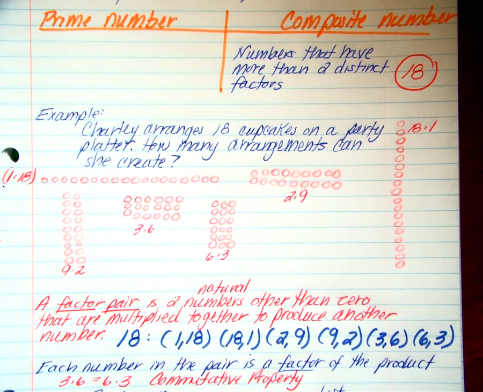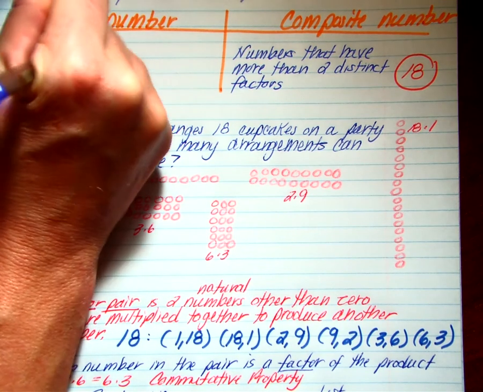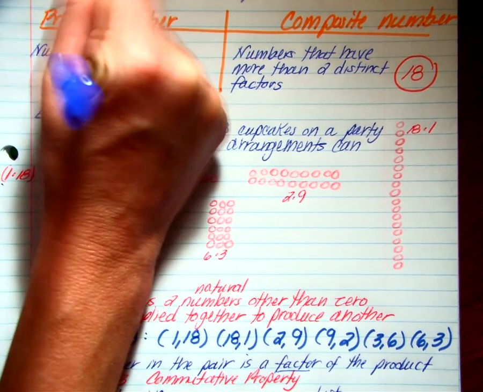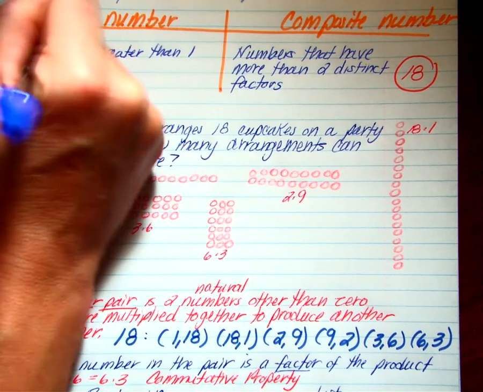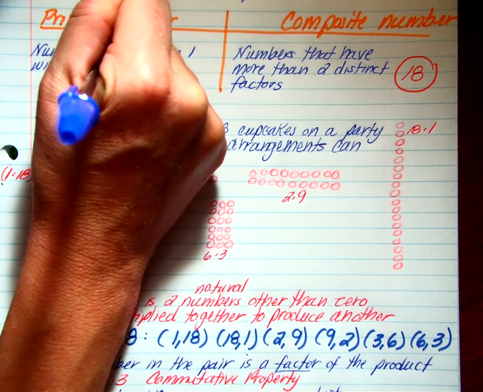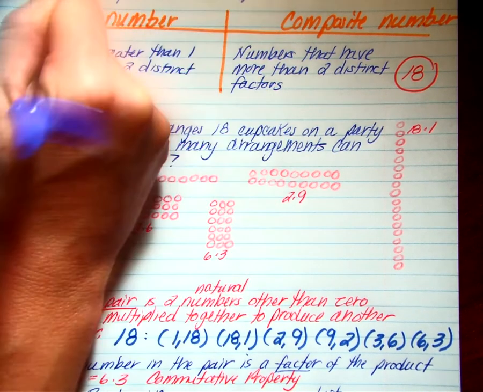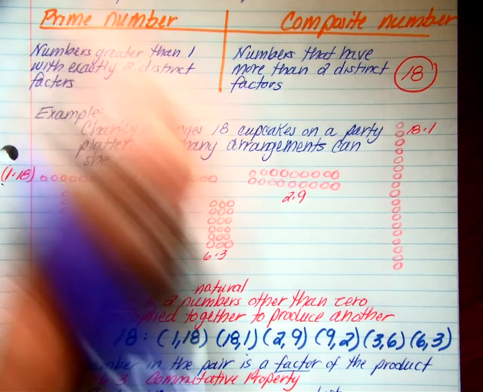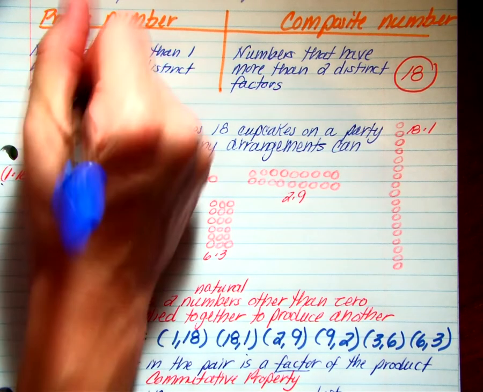So prime is numbers greater than 1 with exactly 2 distinct factors. So what are the distinct factors? 1 and the number itself.